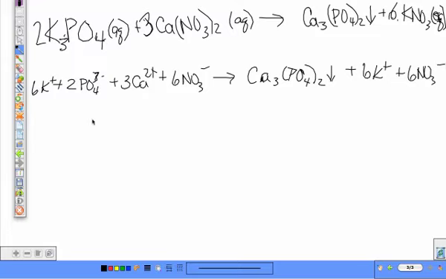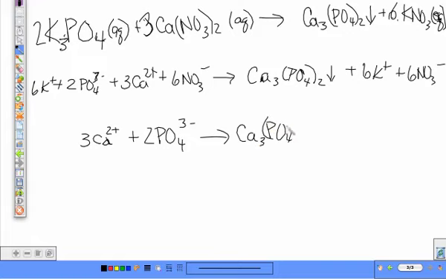So our net ionic equation would be calcium ion plus the 2 phosphate ions. That's supposed to be 3. Yielding that.